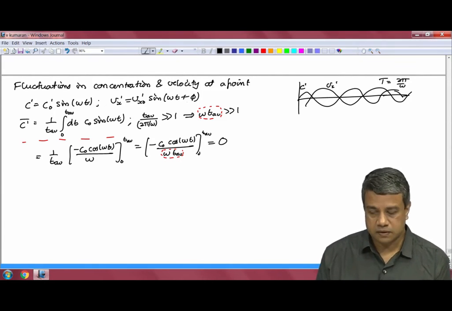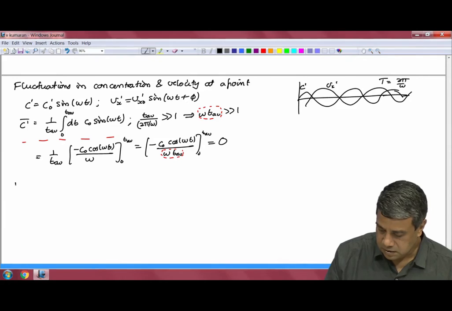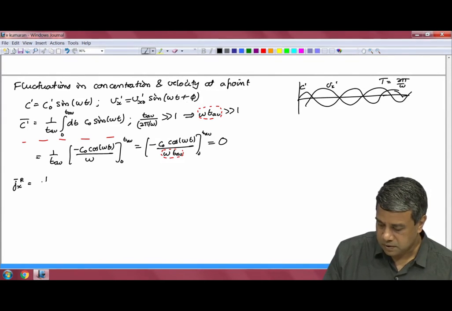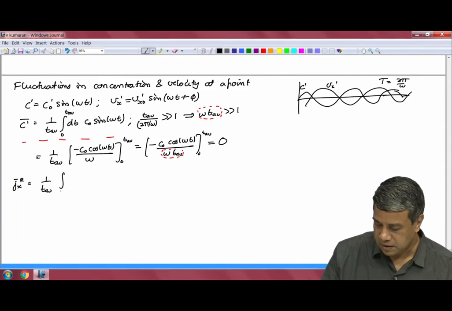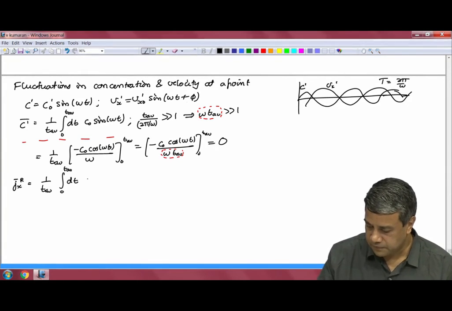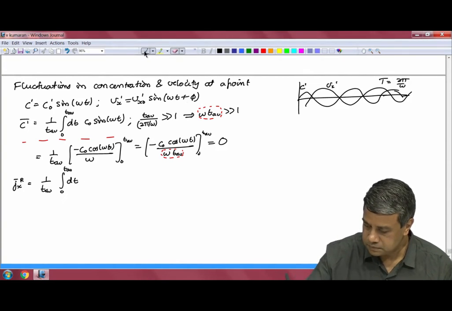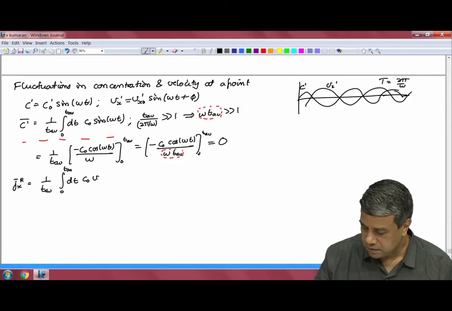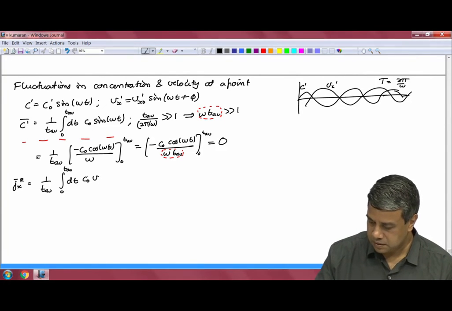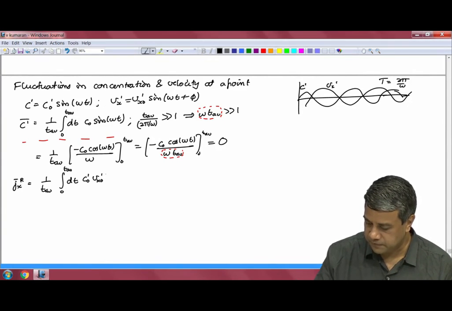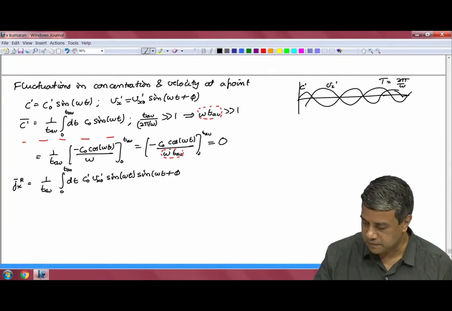What about the Reynolds flux? J x r average is equal to 1 over TAV integral 0 to TAV dt of C naught prime Vx naught prime sine of omega t sine of omega t plus phi.